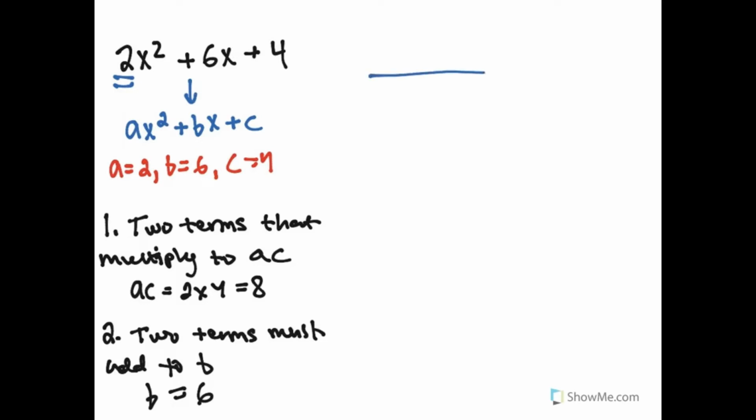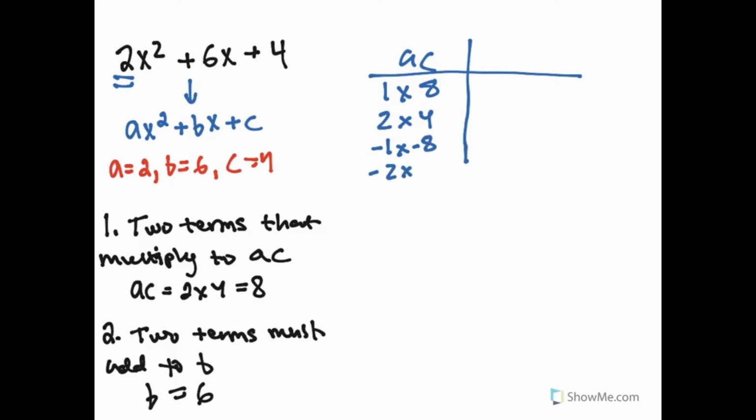So let's go ahead and make a table, and let's list out the factors of A times C, which is 8. We know that our factors are 1 times 8, 2 times 4, and also the same two in negative form, since negative 1 times negative 8 is 8, for example. Then, according to rule number 2, we want to ask, do these two factors add to B?